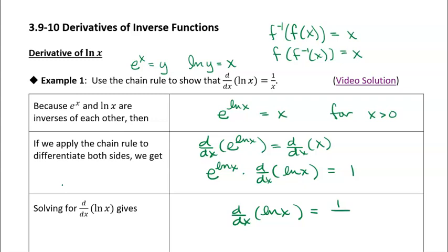So 1 over e to the ln of x. Now we can simplify that, because we know that e to the ln of x is x. So this is equal to 1 over x. And that's what we were asked to show, that the derivative of the natural log function is just 1 over x. All right, so I'll meet you in the next video.